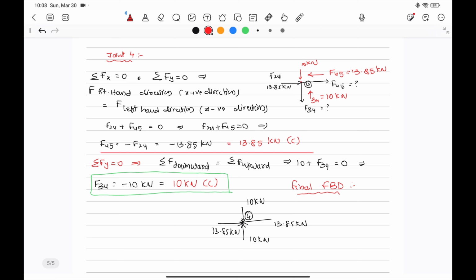This is the final FBD. Here we are not putting any signs, we are only interested in whether the force at the joint is a compressive force or a tensile force.